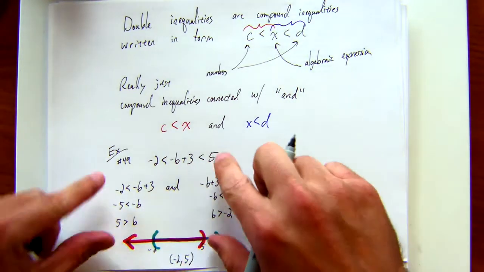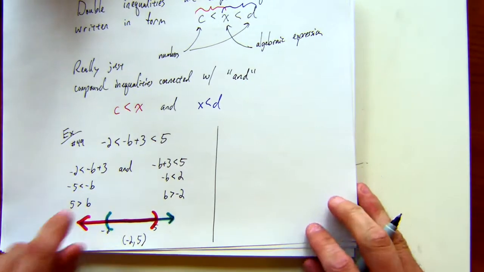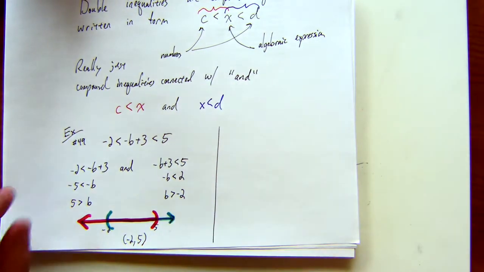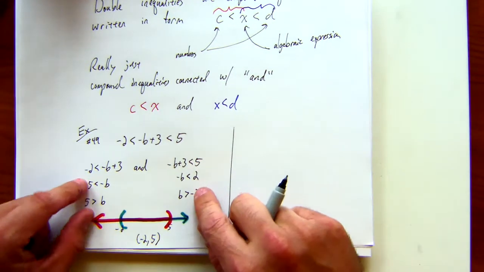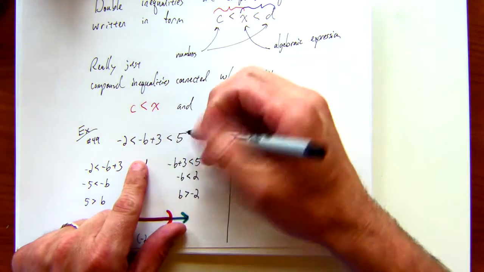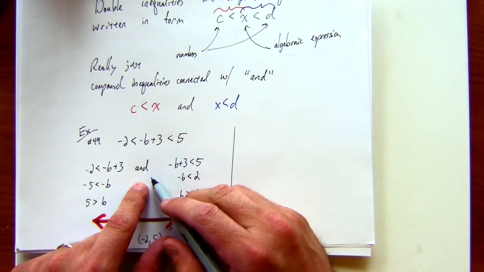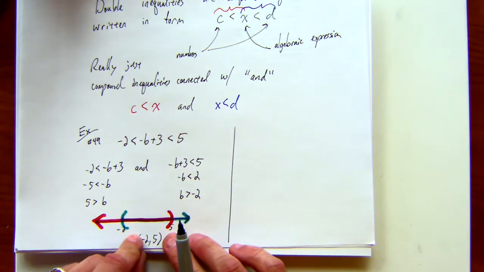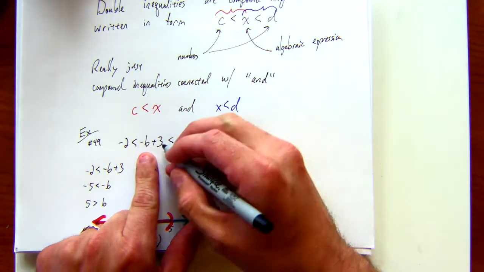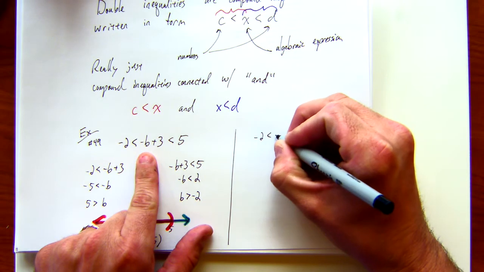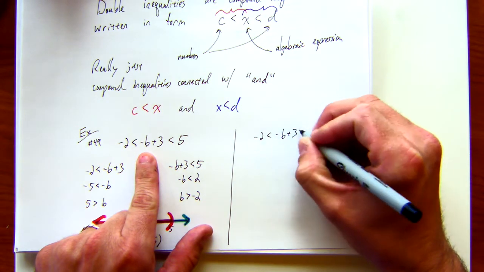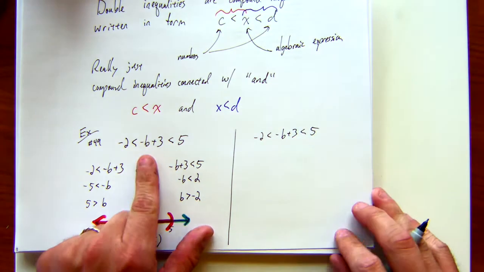Now I want to work this example another way. I don't necessarily have to split it up, but the reason I show you that is because it is important to know that a double inequality like this is always connected with an and, so it always means you do an intersection. But now let's solve this another way. Negative 2 is less than negative b plus 3, which is less than 5.